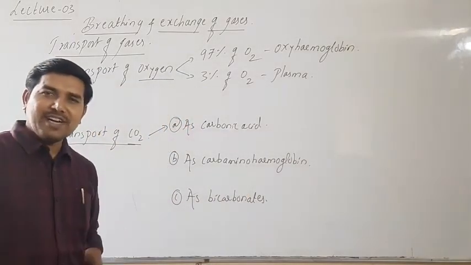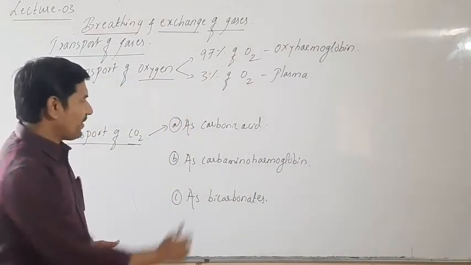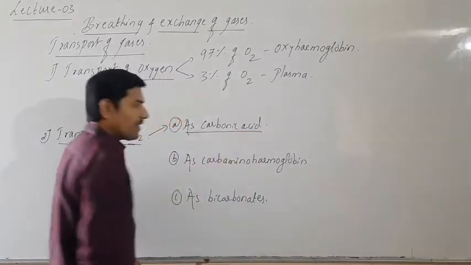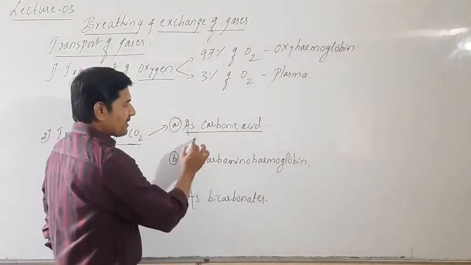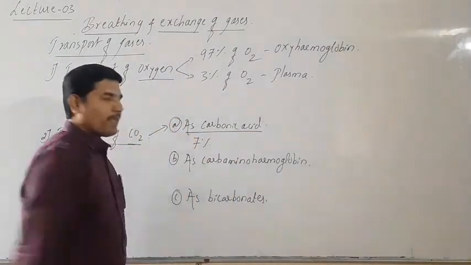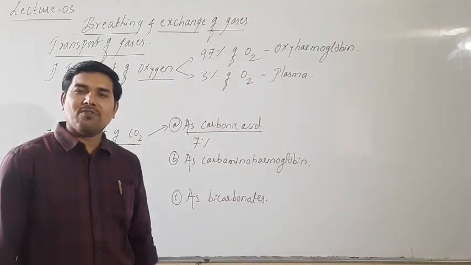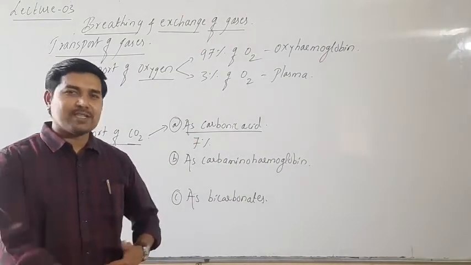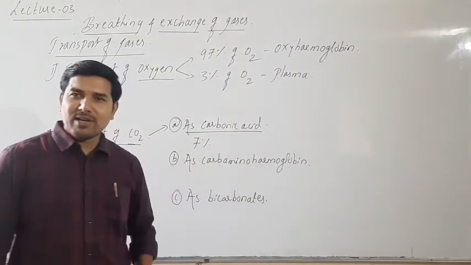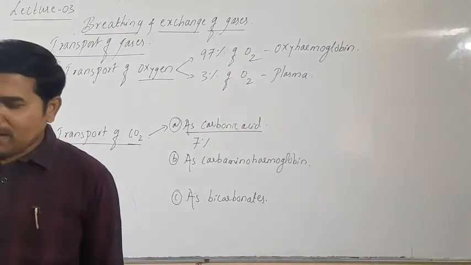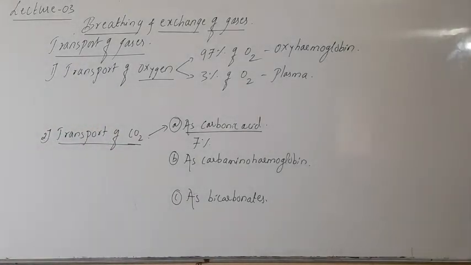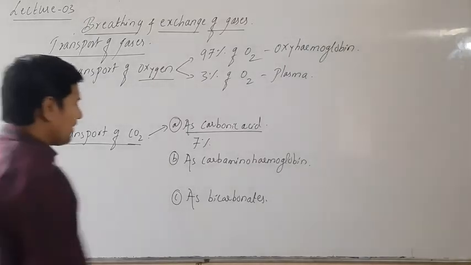Then what is the percentage of this as carbonic acid? Around 7% of the carbon dioxide is transported in the form of carbonic acid, and this 7% is by the plasma.